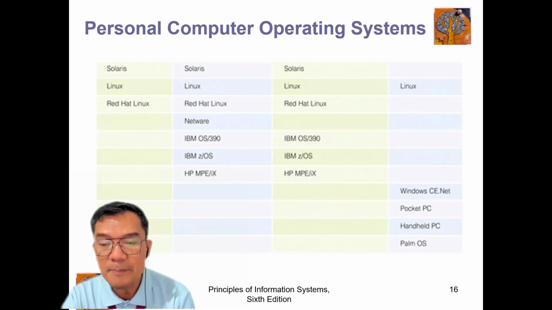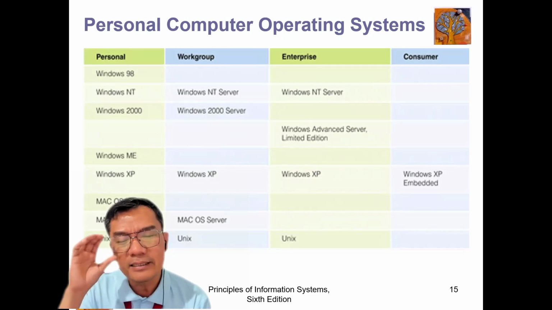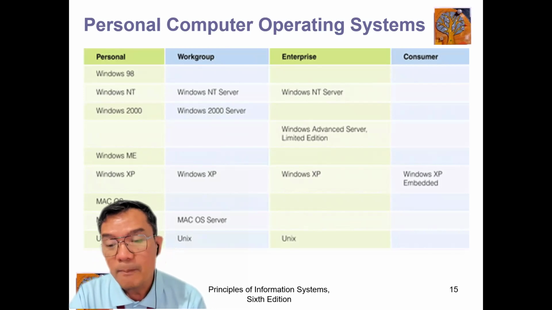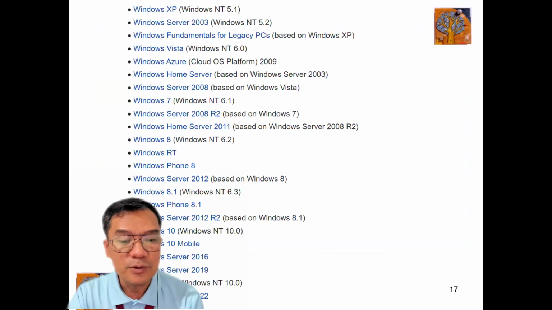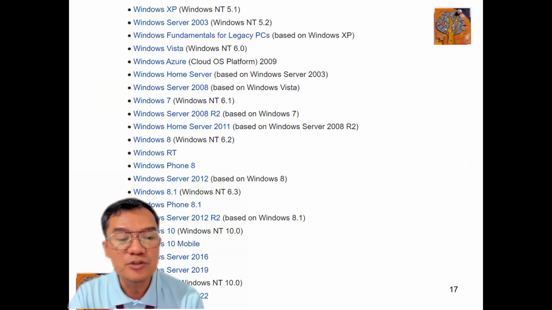That's why Windows CE, Pocket PC, Handheld PC, and Palm OS are designed for consumer. At that time, the operating system was designed to support mobile devices. So these are some of the versions of Windows when you check the various operating systems.